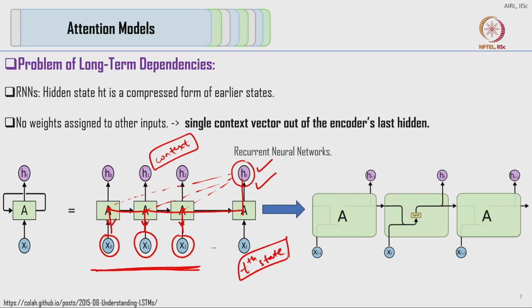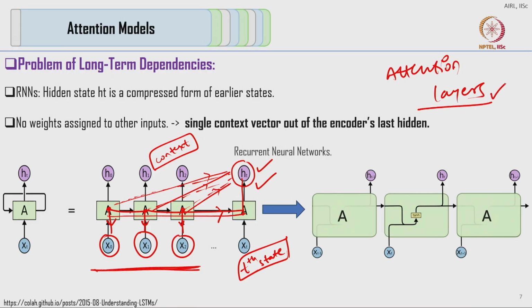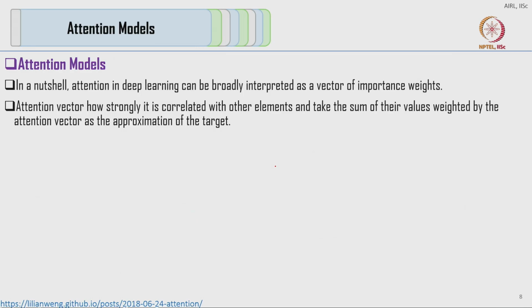So, instead of passing through the network, we could have a direct connection with the outputs as well. This is the fundamental intuition used for attention layers, which is to use the context in such a way that you are attending to each of the timestamps of the time series data without using this long form structure, directly connecting with the timestamp.